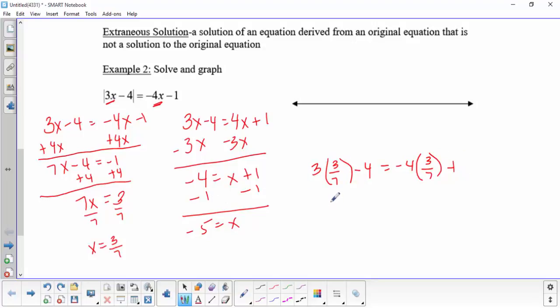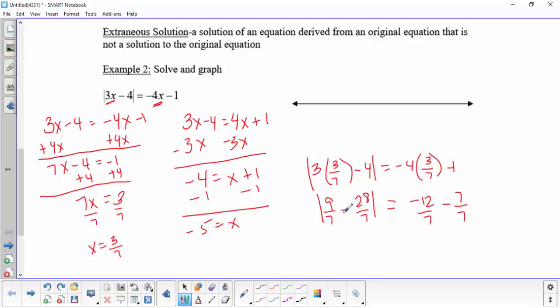So 3 times 3 would give me 9/7 minus, I'm going to get a common denominator, so that would be 28/7. Now remember, this side of the equation was originally inside absolute values, so this needs to be contained inside absolute values. So that should equal, on the other side, I have negative 12/7. Getting a common denominator, I'm going to have negative 7/7.